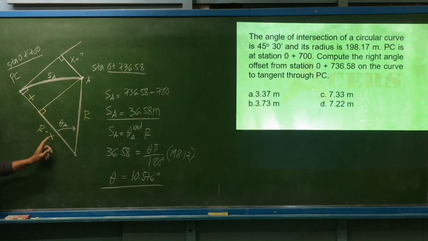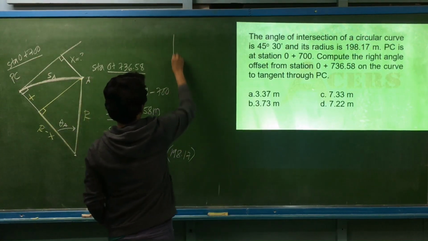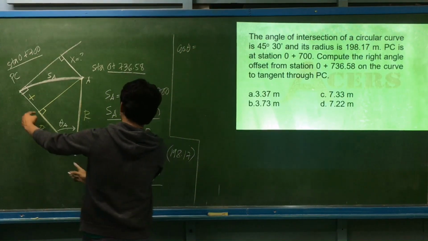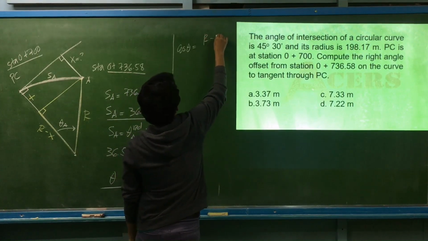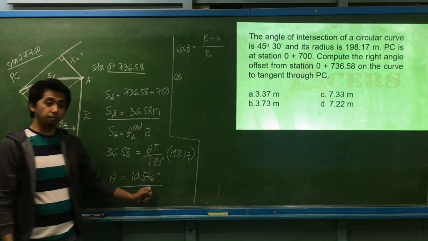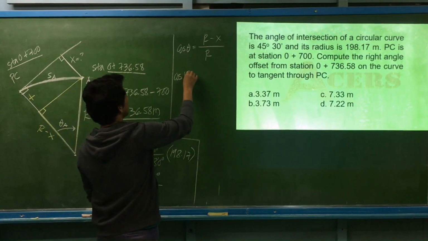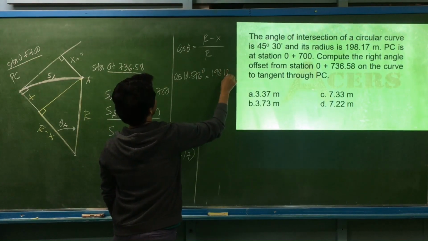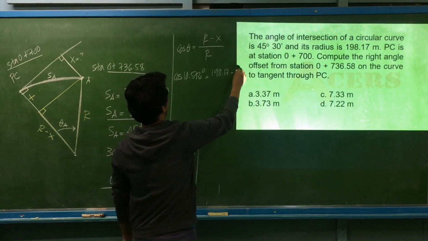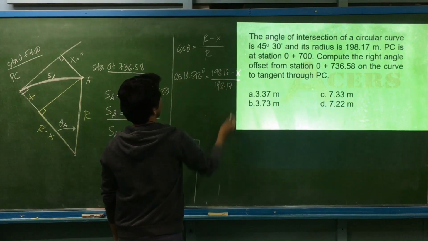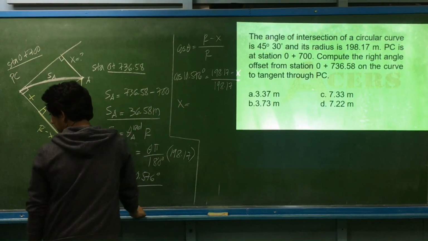We have theta, we are looking for x, we have the radius, so we use cosine. The cosine of theta is the adjacent side, r minus x, divided by r. So cosine of 10.576 degrees equals 198.17 minus x, divided by the radius, 198.17. Computing for that perpendicular offset.